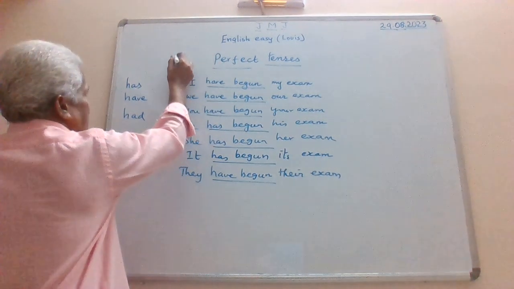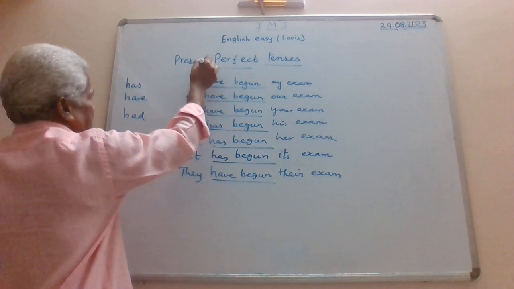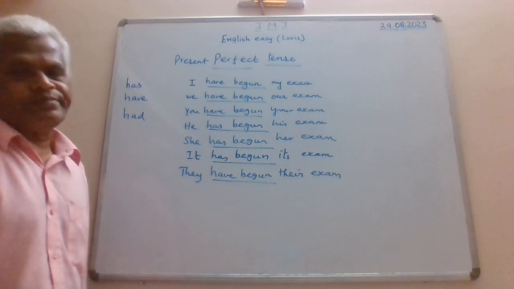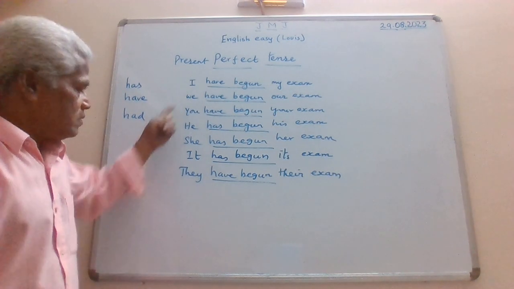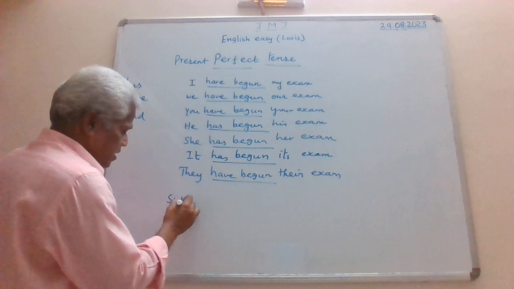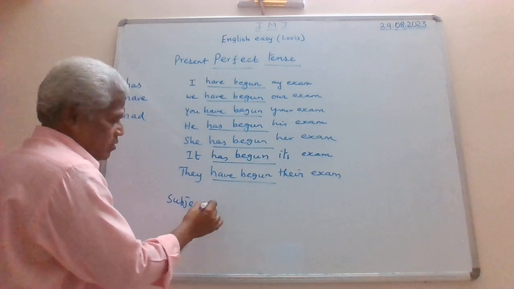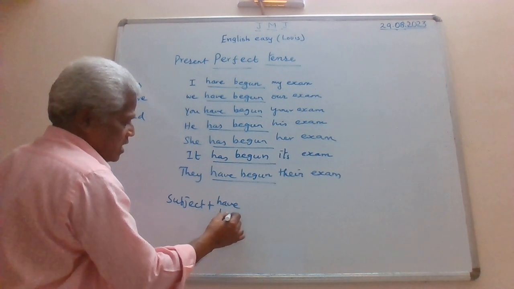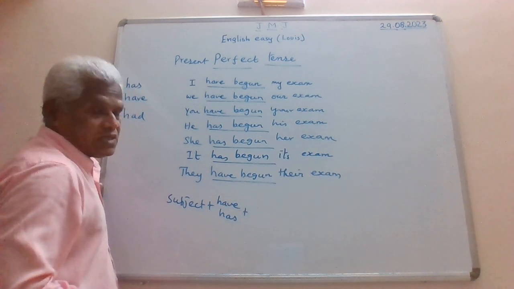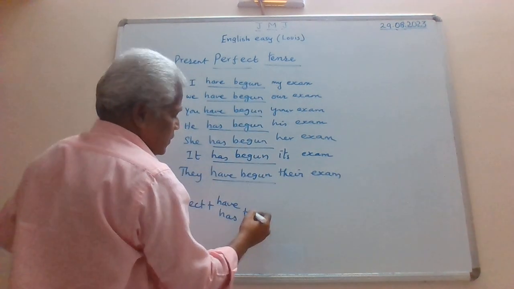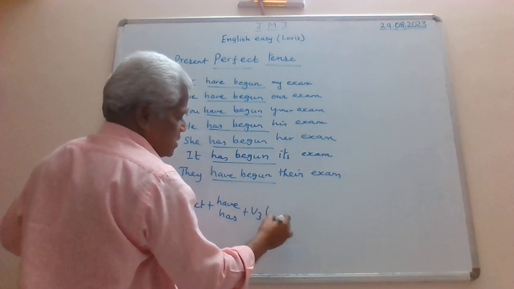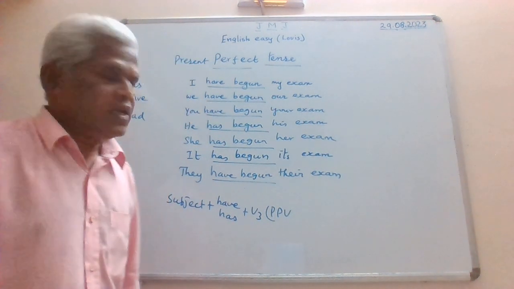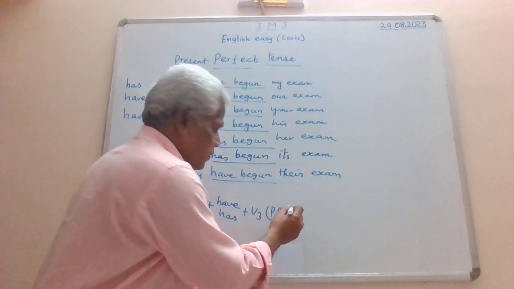Present perfect tense: subject plus have or has plus the third form of the verb, verb 3. In other words, the past participle form of the verb.